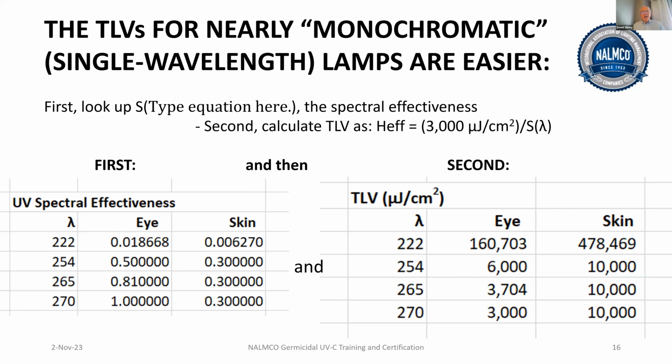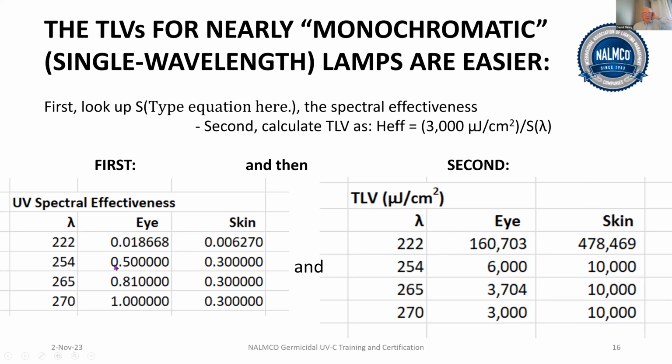So here's some examples. If we had nearly monochromatic single wavelength lamps, such as a 222 nanometer krypton chloride excimer lamp, these are the exact values of S of lambda for the eye and skin at 222. You see they're very small numbers, which allows much higher exposures in terms of microjoules per square centimeter, which we see on the right panel.